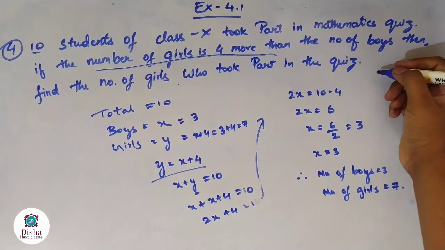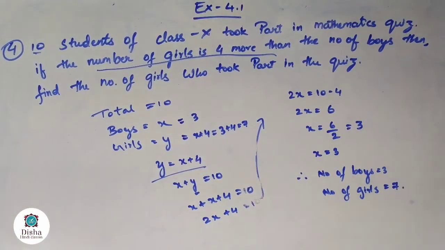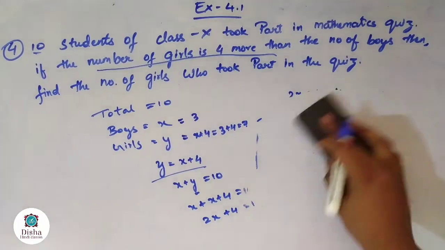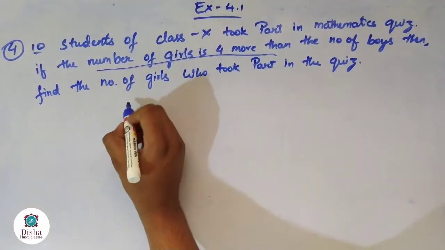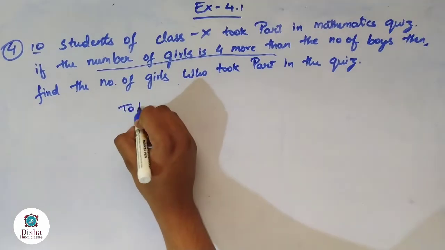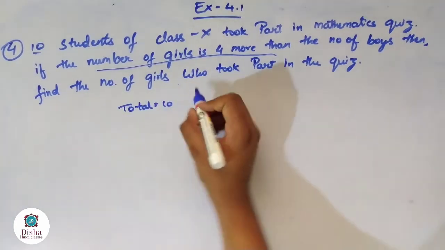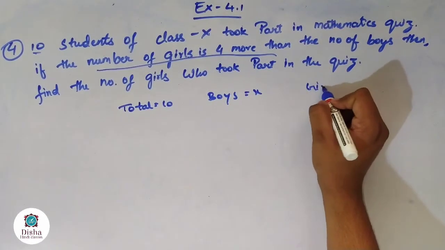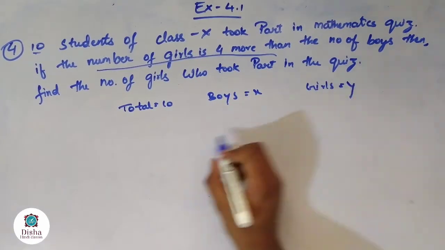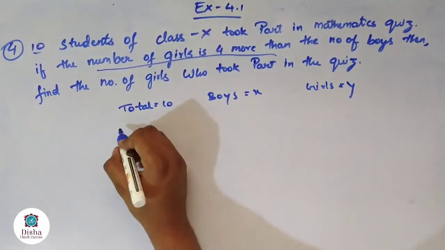So here they have not given to draw the graph. So now if you have to draw the graph, how you will do that? So I'll show that. So total we have 10, right? So total, that is equals to 10. Boys are X, girls are Y. So X plus Y equals to 10.